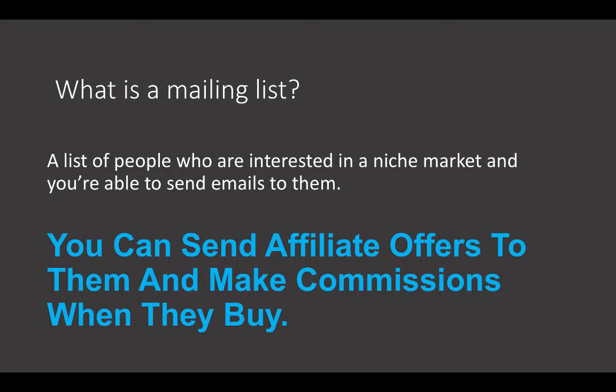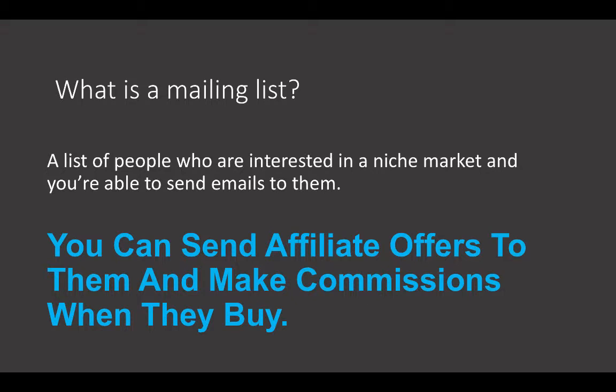So if you have a mailing list, say of people who are interested in internet marketing, then you can send them products or promotions related to internet marketing, in this case, affiliate offers. And if they like the product and choose to buy, you have just made commissions. And it could be any niche market.